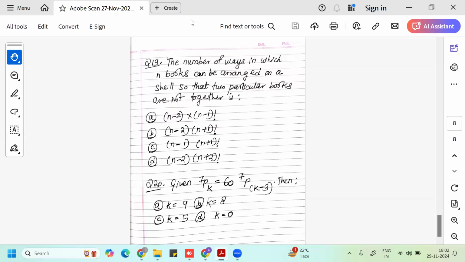Five is the answer. You can solve it. It's very easy. Use options.